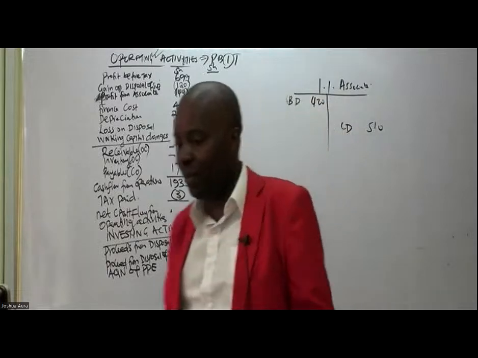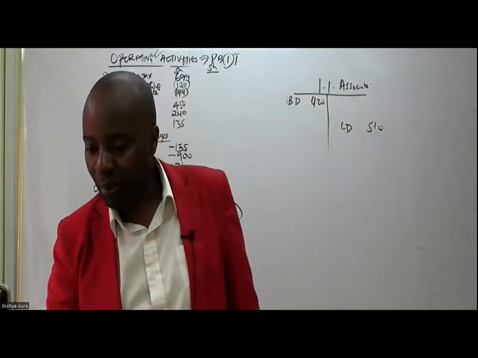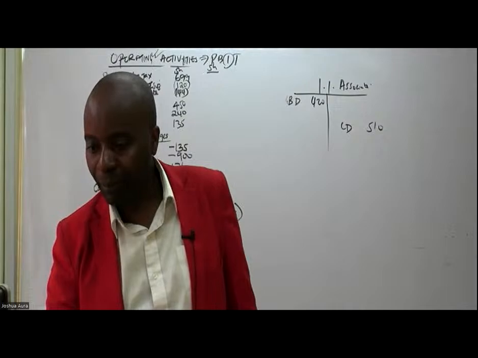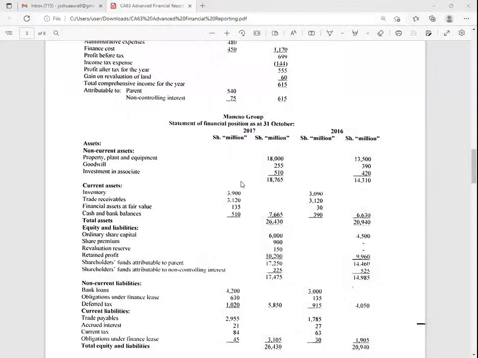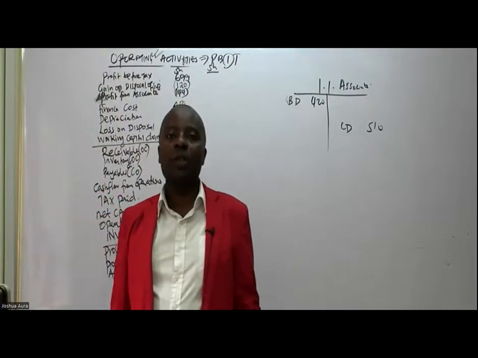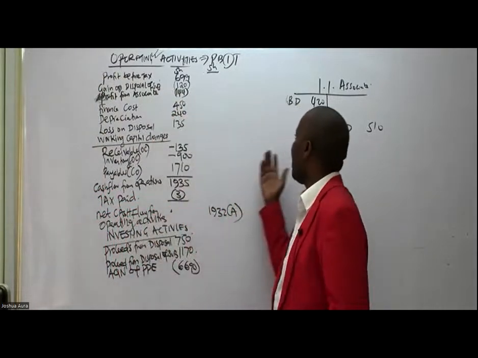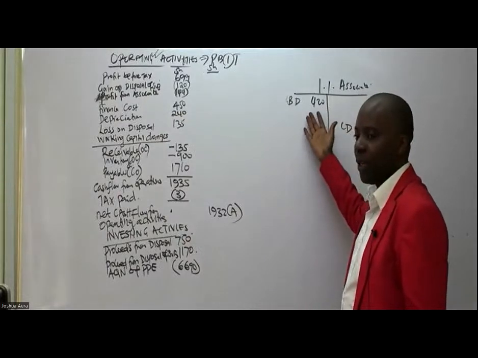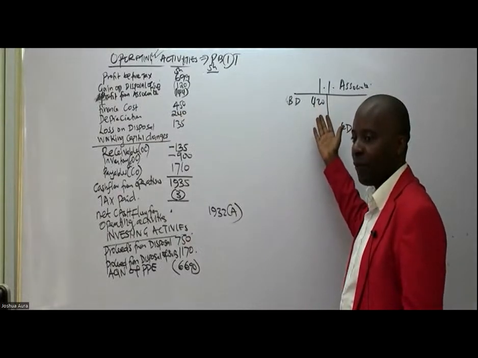It's an asset, remember, so begin with the debit there. And remember that for this associate we are using equity accounting. So when you generate profit, debit this account with the profit you got from the associate.